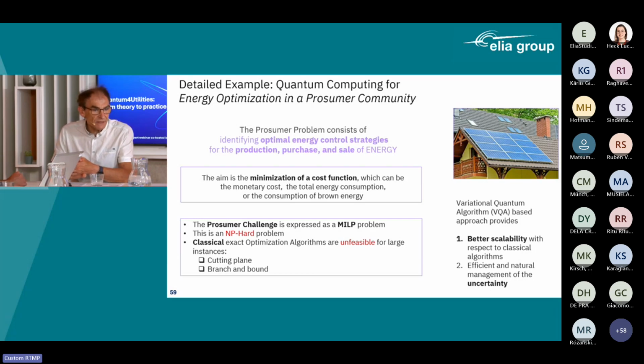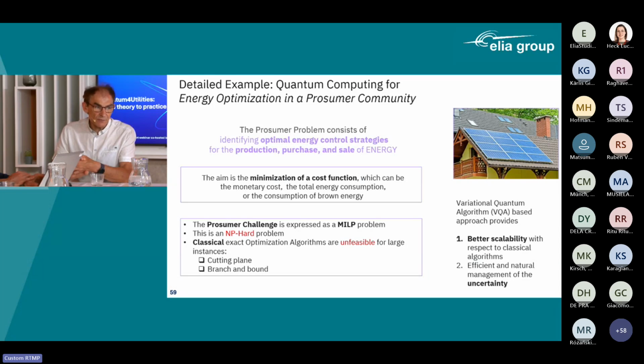And there, what we see is that variational quantum algorithms, VQA, can offer a better alternative. The first thing that we see with these types of algorithms is better scalability, meaning if the size of the problem increases, the computational time and the number of operations will not grow exponentially, but will scale much better.